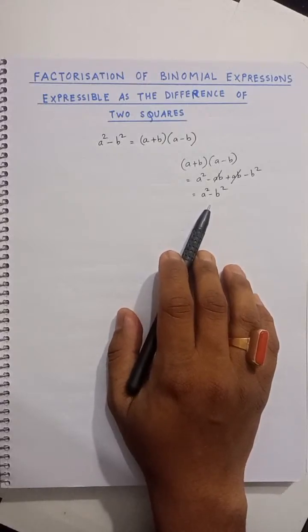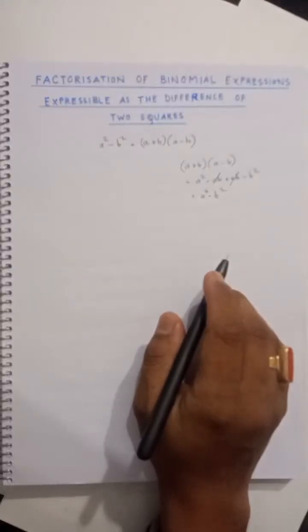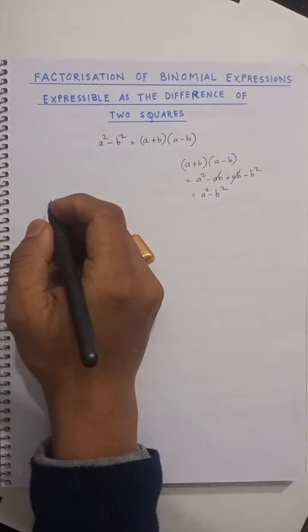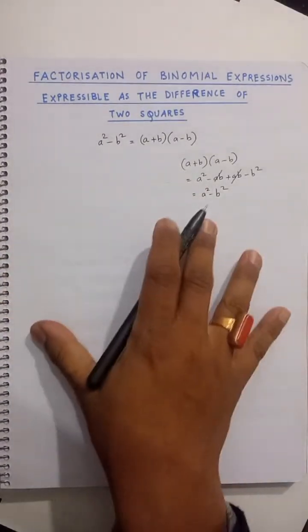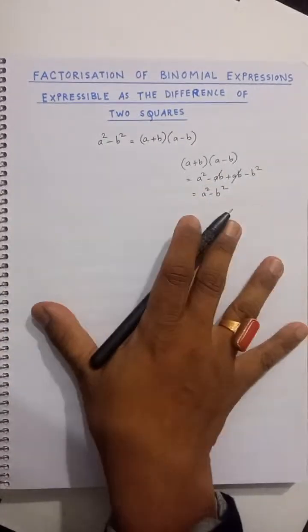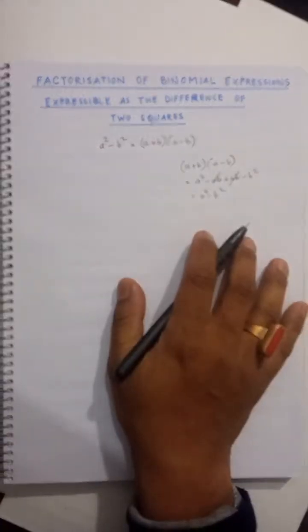So let's start with some questions. Factorize each of the following. Again, I am using the book R.D. Sharma, so in this setup I cannot keep the book and my notebook both. So I will write down all the questions.